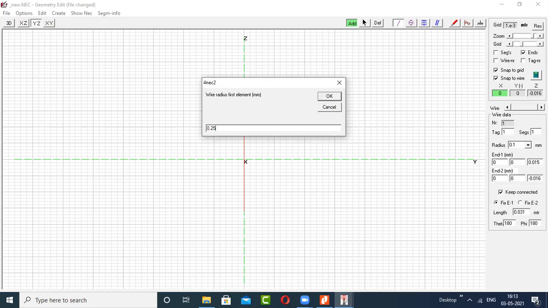After that, the third column, bandwidth. Then after that, gain. So 4 columns are there. You can note it down.